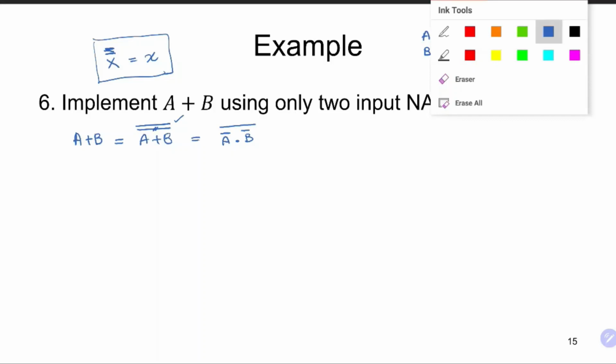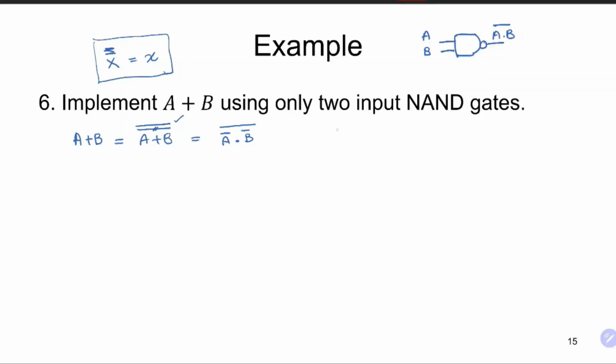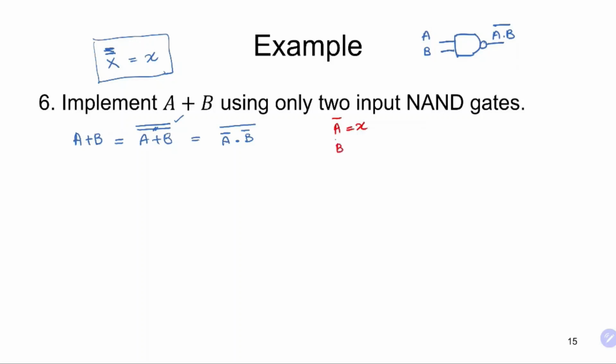This itself is a NAND gate. So if I assume that A bar equals X, B bar equals Y, this is X, correct? Agree?